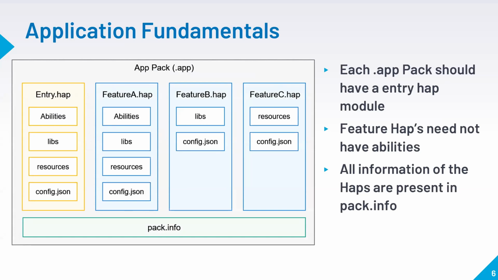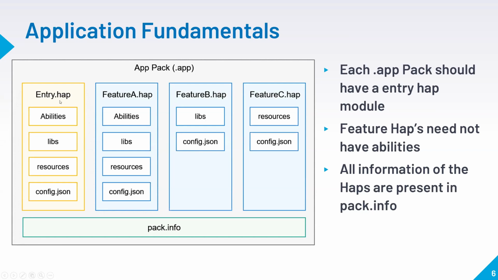Here we will discuss more about how the application is packed and how we can have multiple apps. As I said, each application can have multiple abilities, and each of the apps or features can be combined to make a bigger application. Right now we talked about login, so let us consider that as an app.